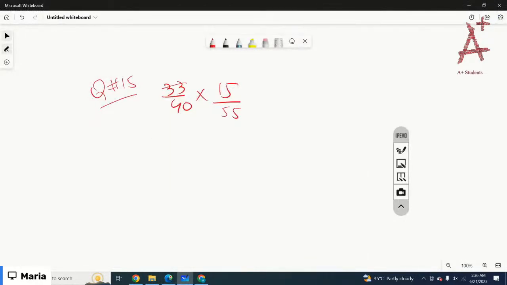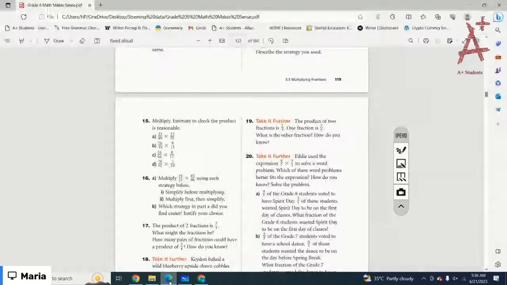Okay, you can divide them by 11. 11 times 3 is 33. 11 times 5 is 55. And 5 times 3 is 15. 5 times 8 is 40. So you can do 3 times 3 is 9 and 8 times 5 is 40. So it would be 9 over... Simplifying before dividing makes the questions very easy. Got it? So it would be 9 over 40.